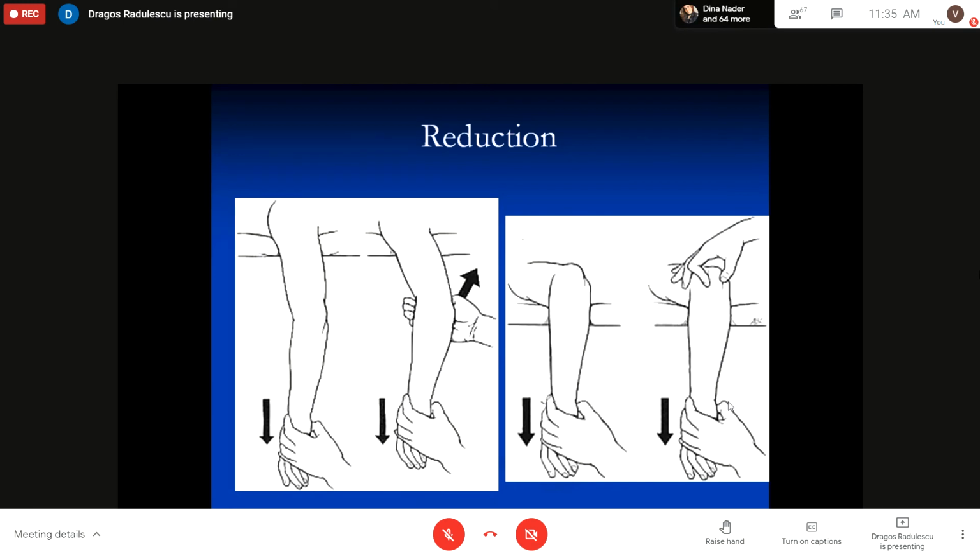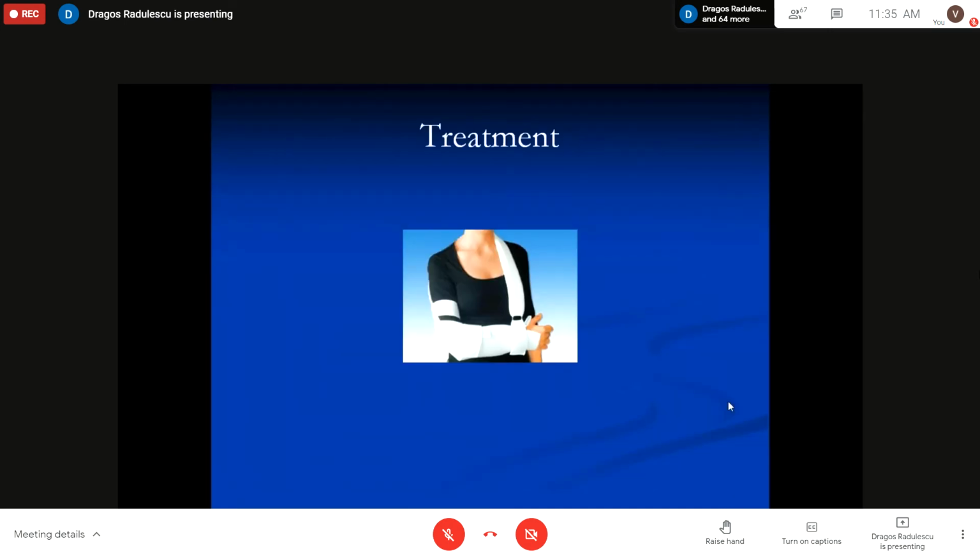After you reduce, send the patient to the X-ray, confirm your reduction, and after that, we immobilize with a cast above the elbow, obviously, for 2 to 3 weeks. Why do I say 2 to 3 weeks?